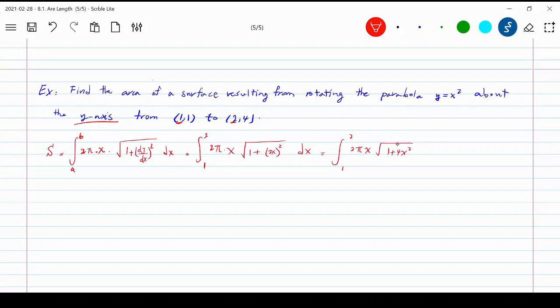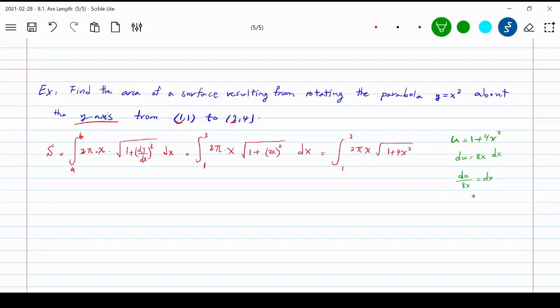And you can pick substitution if you want. Let u equals 1 plus 4x squared. Then du becomes 8x dx, and therefore du divided by 8x equals dx.